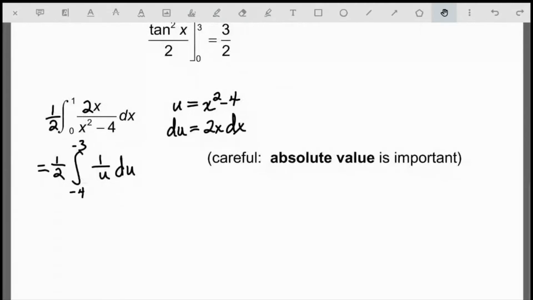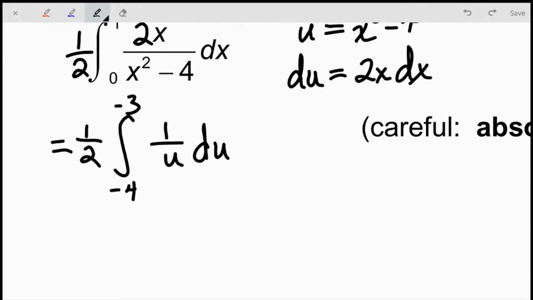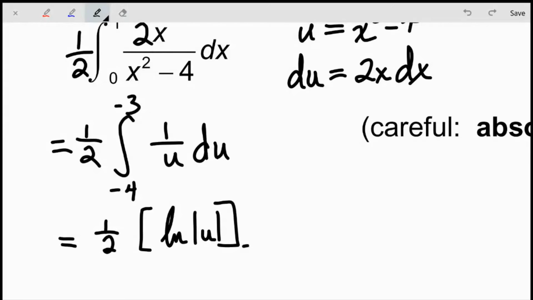Now, notice over here, it says, be careful because the absolute value is important. And we talked about that a little bit last time, but when you're doing these definite integrals, it really becomes a big deal. So when I do my antiderivative, I'm going to get a natural log of u. And that's going to be evaluated from -4 to -3. Now think about if you didn't put the absolute value in there, you would have a log of a negative, which actually is impossible, right?